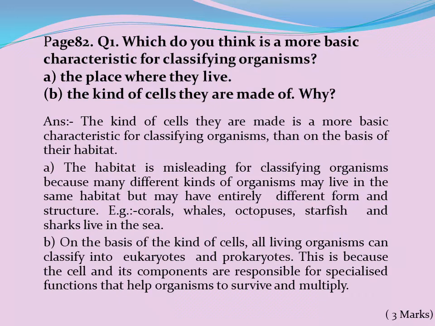B. On the basis of the kind of cells, all living organisms can be classified into eukaryotes and prokaryotes. This is because the cell and its components are responsible for specialized functions that help organisms to survive and multiply.